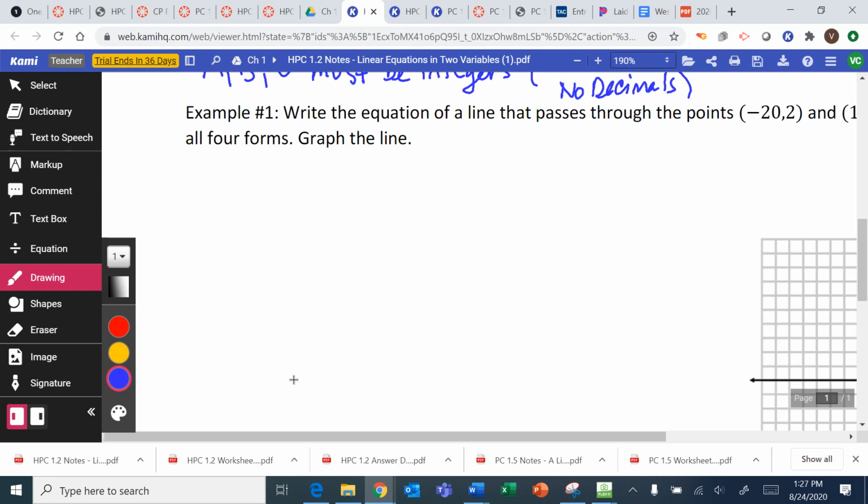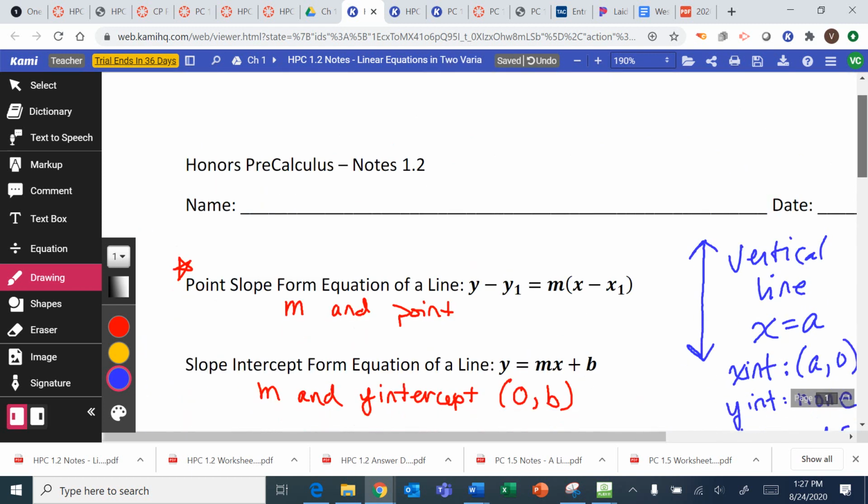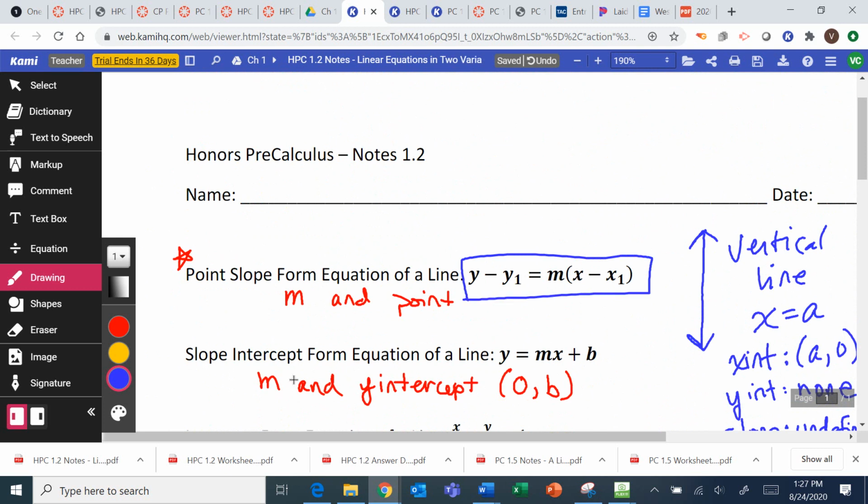We could use our slope formula that you should have from previous courses: m equals y2 minus y1 over x2 minus x1. Or you can take the point-slope form itself and solve for m. If you divide both sides by the parenthesis, you solve for m and get the slope formula.